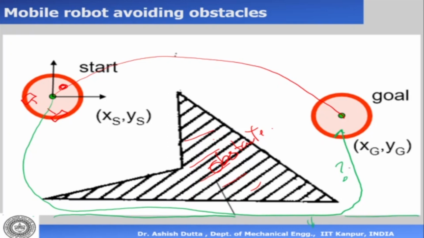Simply by looking at this picture, it's actually not very easy to say, can this robot go here? It cannot, because this side is coming outside the work area. Again, I have eyes, so it's very easy to see and say. But suppose the robot does not have eyes, how will the program figure out whether the robot can go or cannot go in this area?